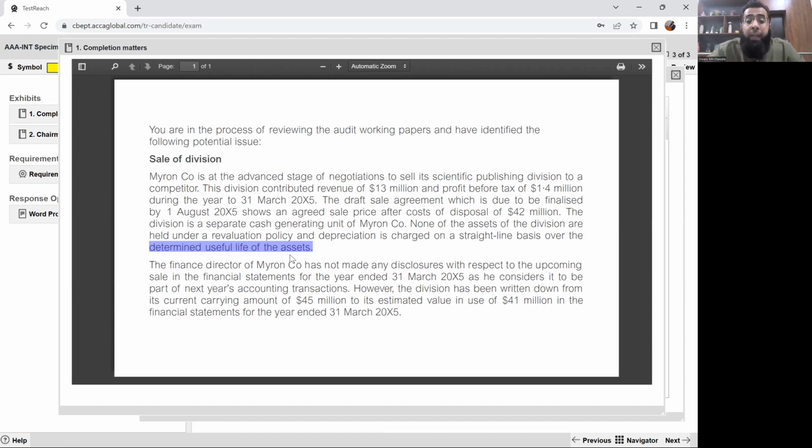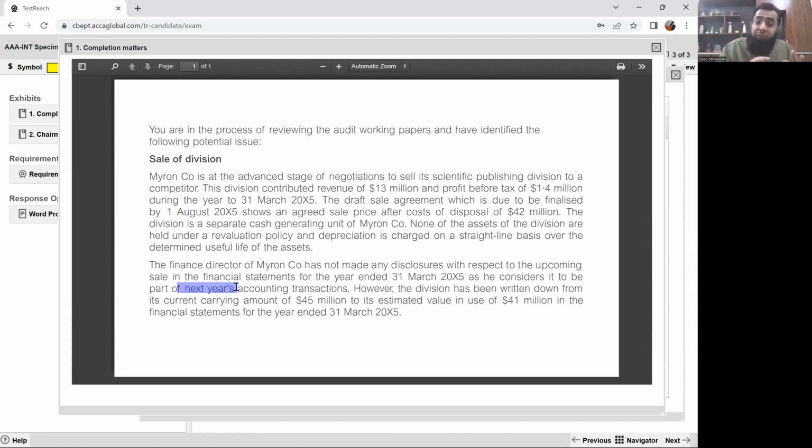The finance director of Myron Company has not made any disclosures with respect to the upcoming sale in the financial statements for the year ended 31st March 2005, as he considers it to be part of next year's accounting transaction. See, despite the actual sale happening in the next year, at the year end it is highly probable that the sale will happen in the next 12 months.